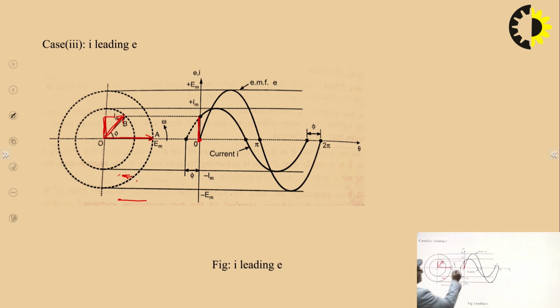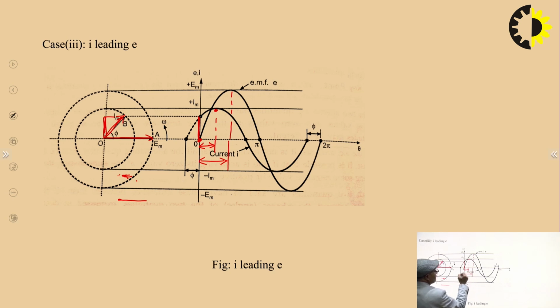When we consider their projection after some time, here is the peak of current and here is the peak of voltage. We can very easily see that the peak of current comes earlier than the peak of the voltage, which is here at this angle.